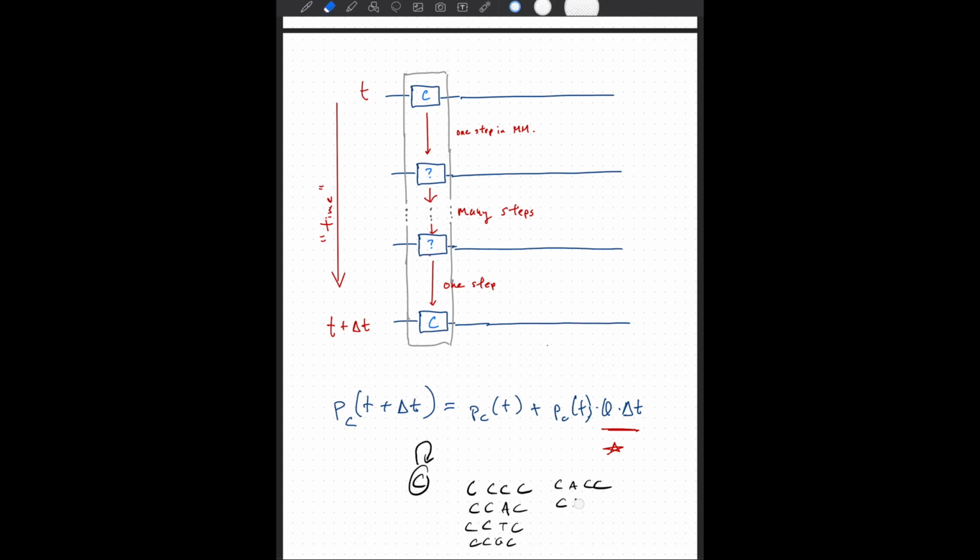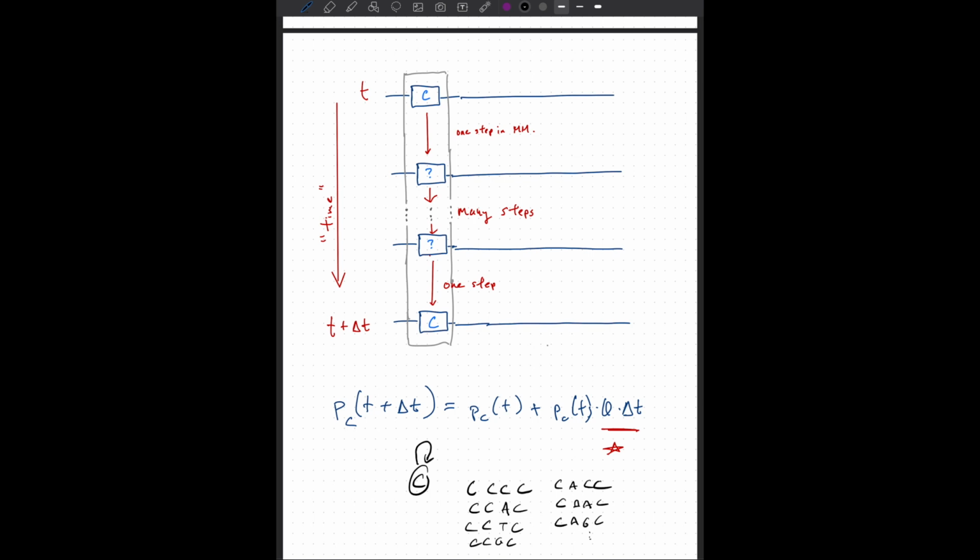Well, it depends how you want to count, but let's say AC, CAGC. So you're getting a lot of possibilities.